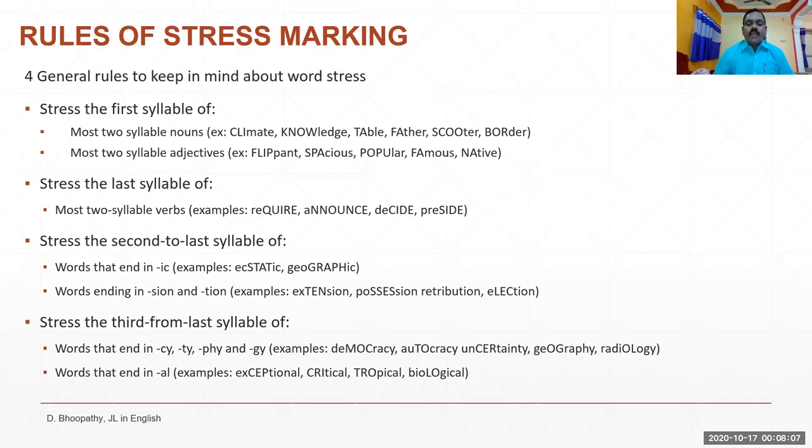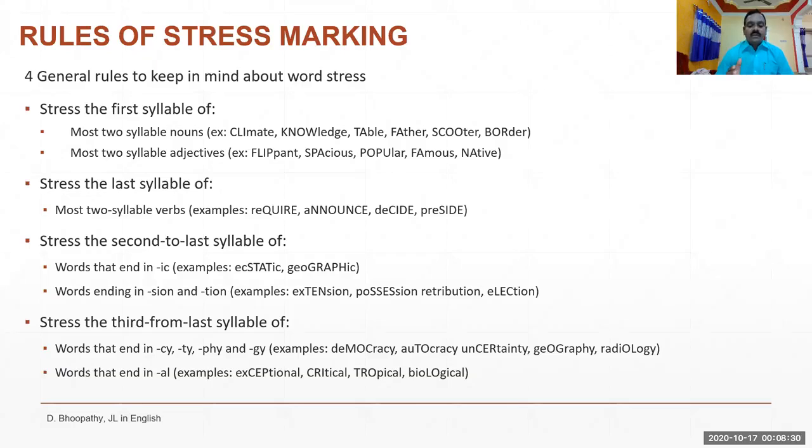Autocracy, uncertainty, geography, radiology. Next, the words ending in AL. Examples: exceptional, critical.